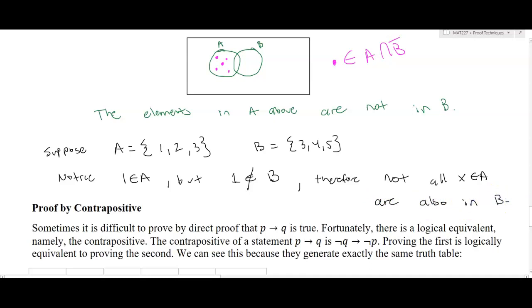So somebody made the claim, but we just said, nope, your claim is false. I just found at least one example where your statement is false.